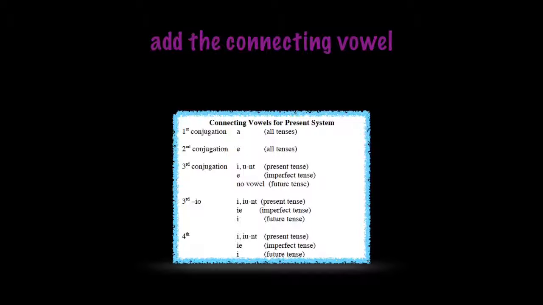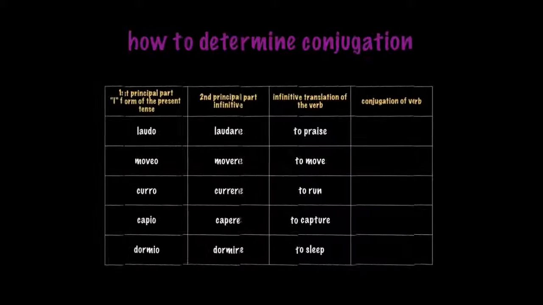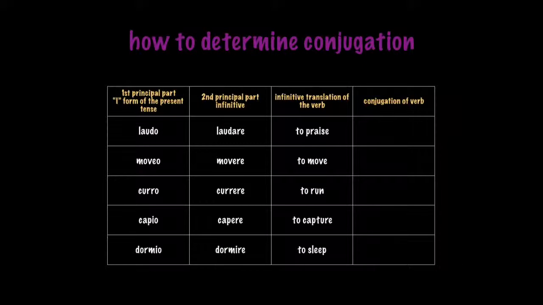To determine the conjugation of a verb, you will need to look at the infinitive. Remember, when you look at a vocabulary list, the infinitive is always the second principal part. The last 3 letters of the infinitive are the infinitive ending.